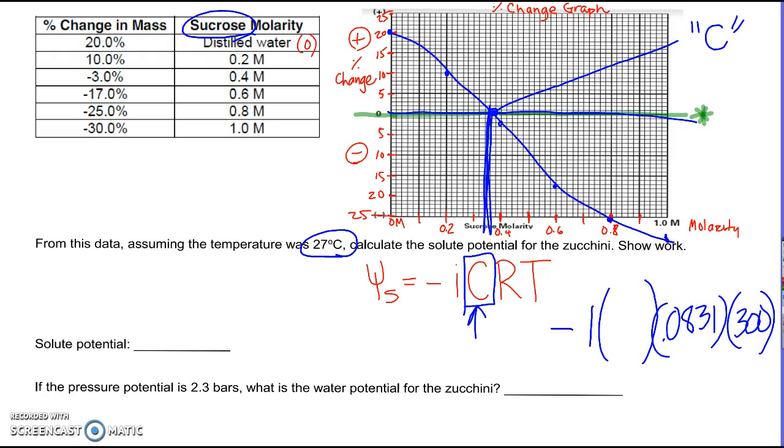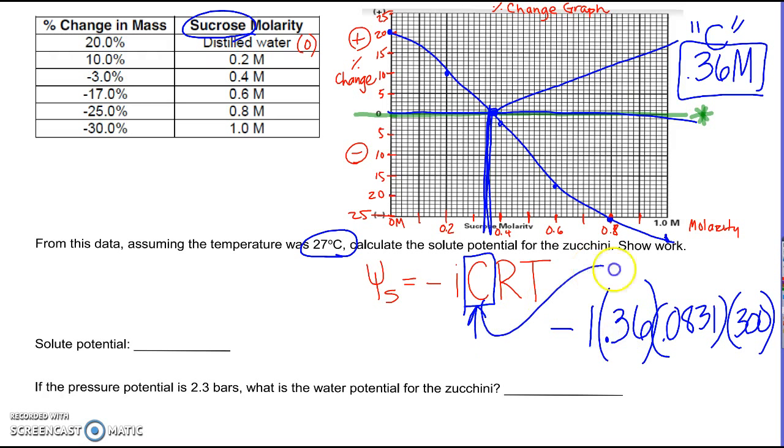So if I estimate, let's just say that it crosses the graph at around 0.36, then that would mean that the molarity that I think is in the actual zucchini is 0.36 molar. That's what I would plug in for C. So rather than them giving you the molarity, you get it from your graph. Once you graph, it's wherever it crosses the x-axis. That's our best estimate of the molarity of, in your case, the potatoes.